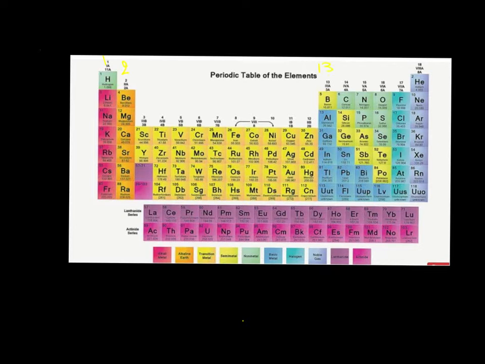This group of elements, we call representative elements. So again, representative elements include elements of groups 1 and 2 and groups 13 until 18.